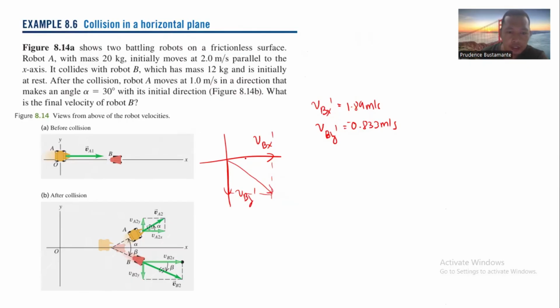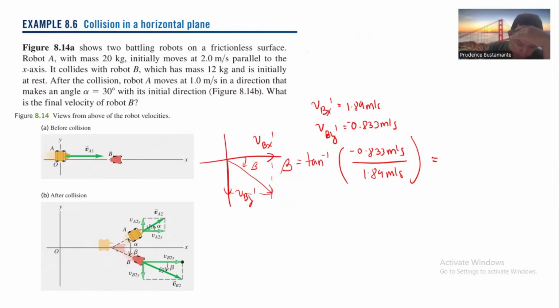If you want to find this angle, what is the final velocity direction of the robot? We label this angle beta. The tangent inverse of the opposite, which is VBY, negative 0.833 meters per second, over the adjacent, which is 1.89 meters per second, is equal to the angle beta.